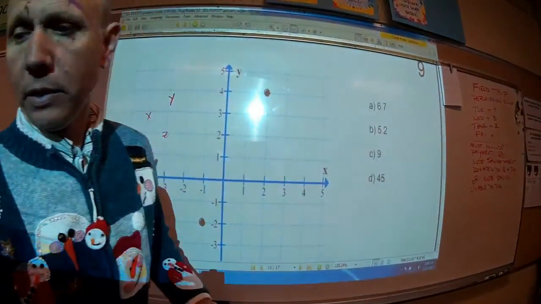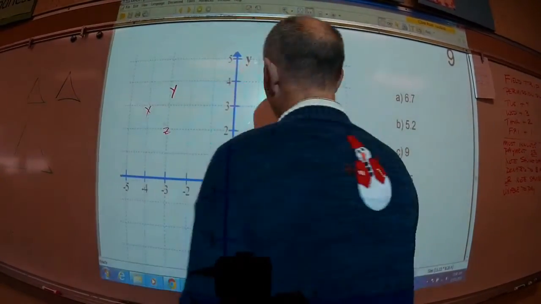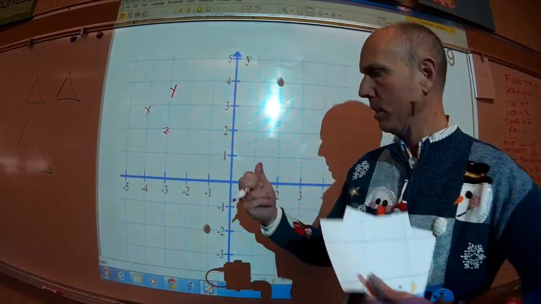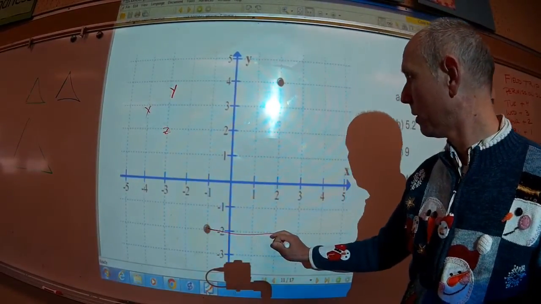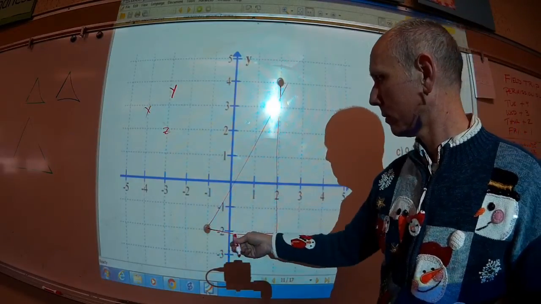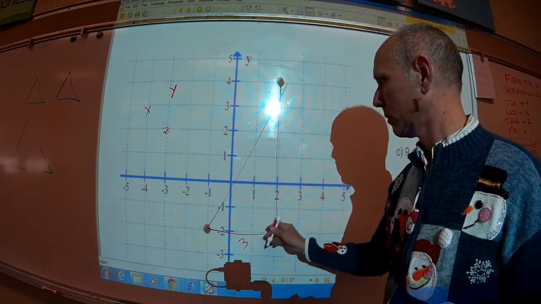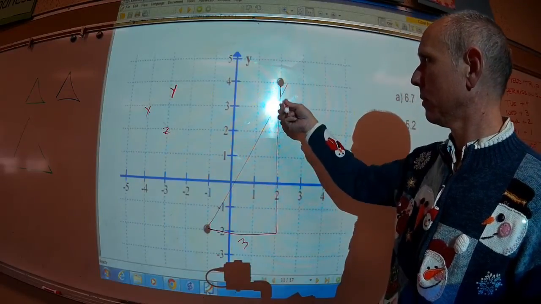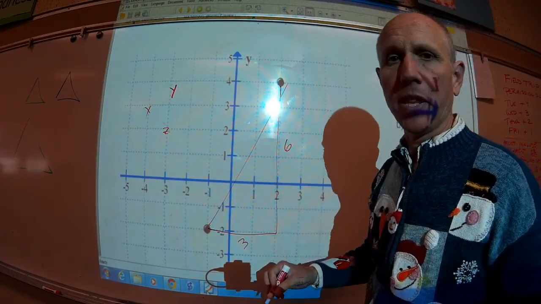It's 12.2. It's 5. Find the distance between the points. So it's the Pythagorean theorem.